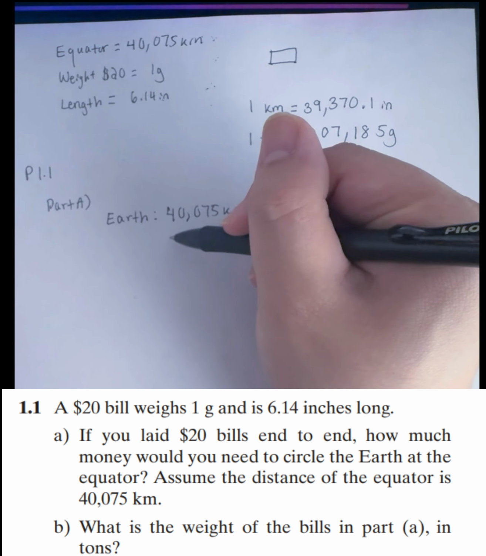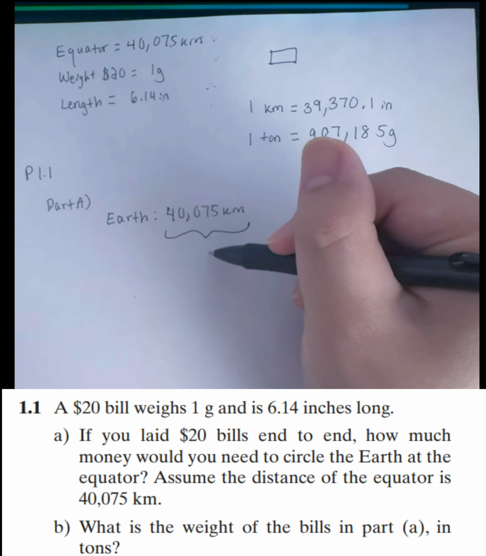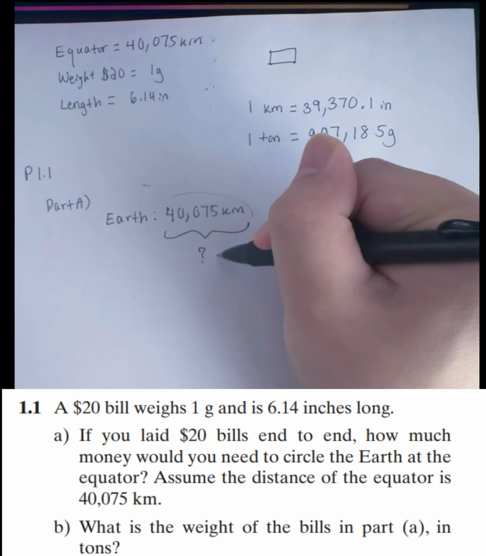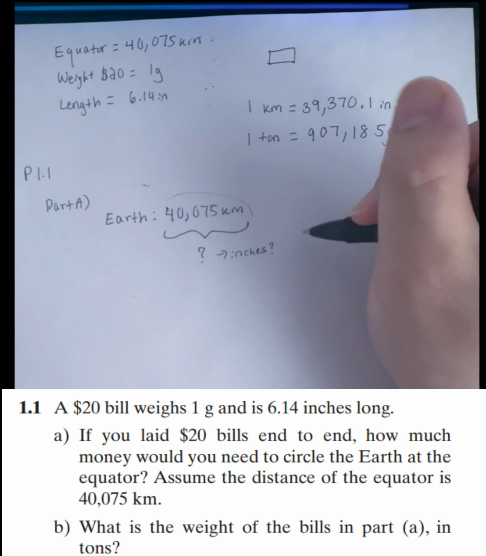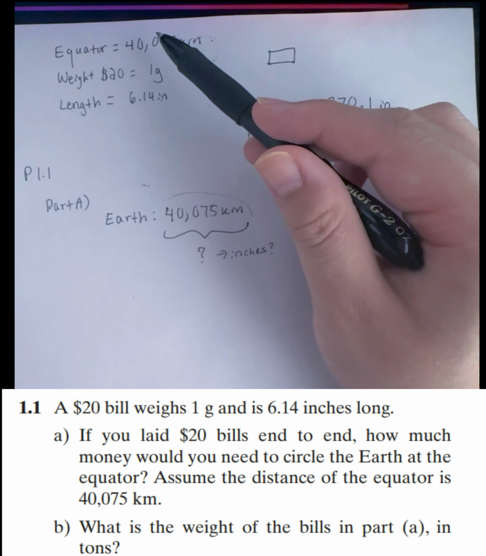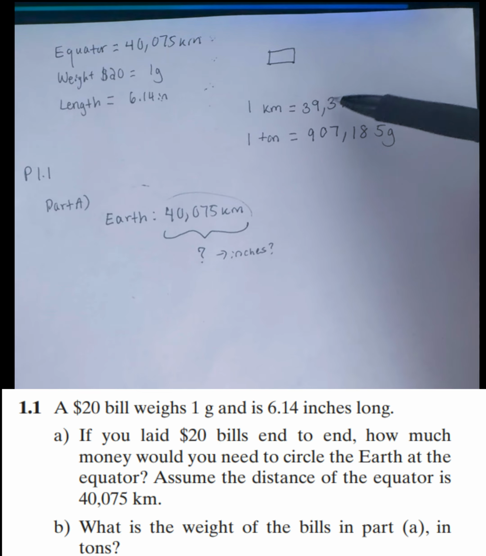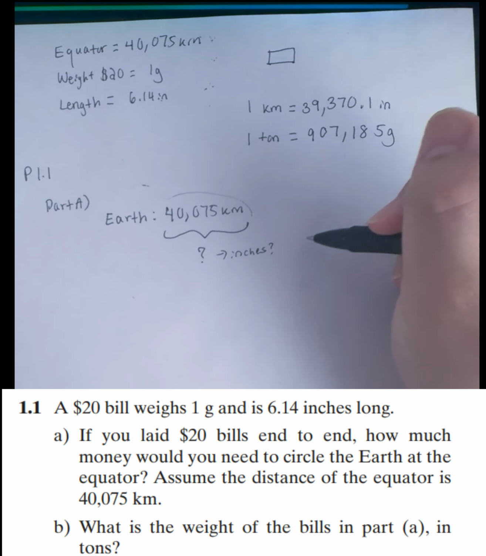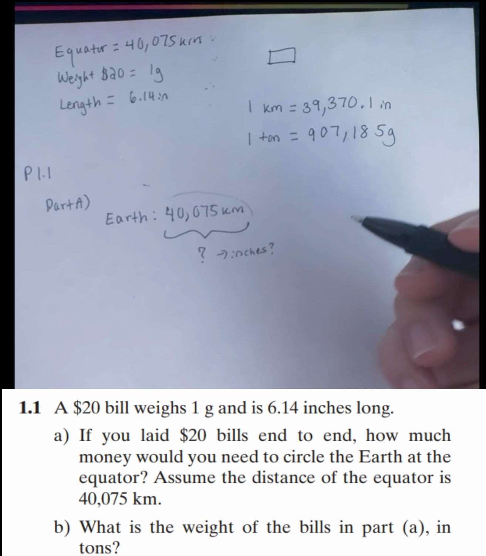We need to find how many inches that equates to. We can see that 1 kilometer equals approximately 39,370.1 inches. So it's a unit conversion over here, and we can simply multiply.